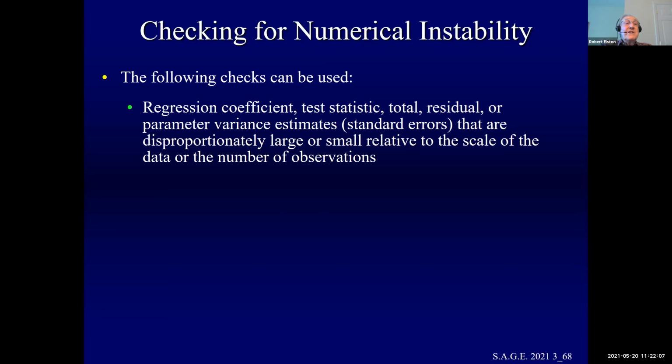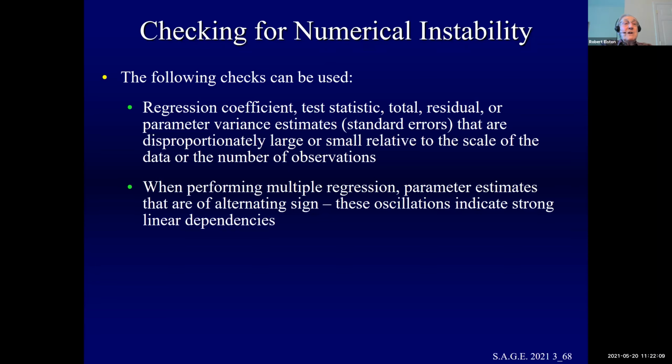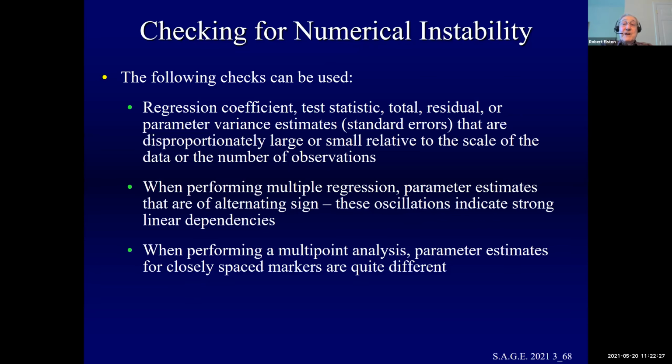The other thing is that when performing multiple regression, parameter estimates that are alternating in sign, these oscillations indicate strong linear dependencies. So if you see those alternations up and down, that is a warning sign. And when performing a multi-point analysis, if parameter estimates for closely spaced markers are quite different, that's another warning sign.